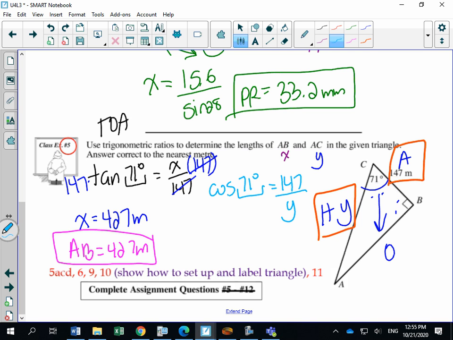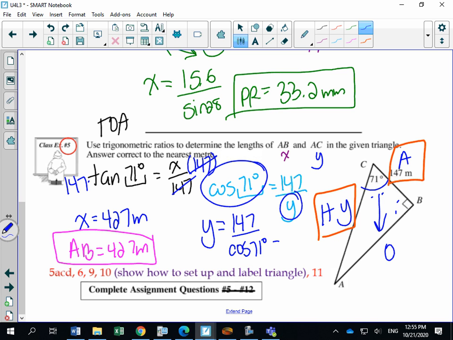Y is on the bottom. Owen, tell me what I do. Yes. Y is equal to 147 over the cosine of 71 degrees.